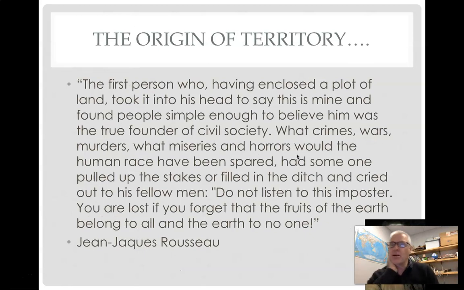And in terms of where this concept of territory came from, this is a quote by Jean-Jacques Rousseau, who obviously is not a fan of territoriality, but he says where this came from. He says, "The first person who, having enclosed a plot of land, took it into his head to say, 'This is mine,' and found people simple enough to believe him, was the true founder of civil society.